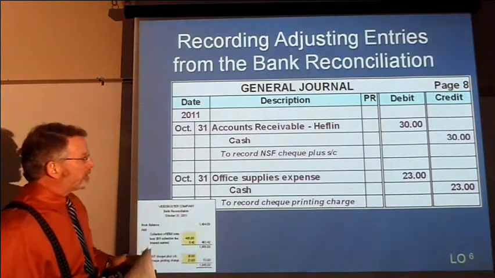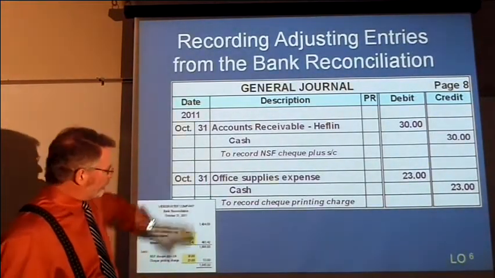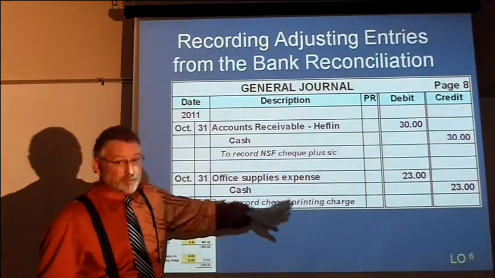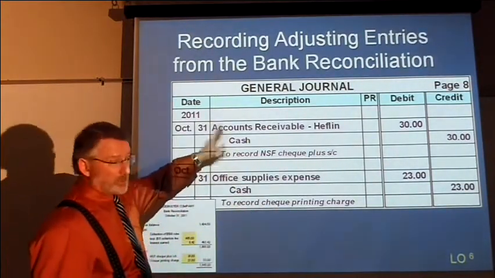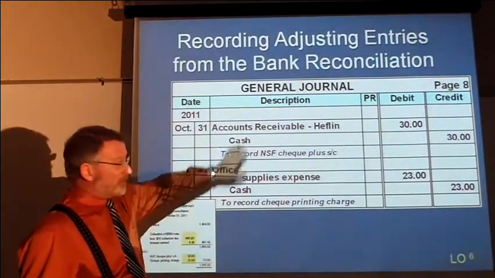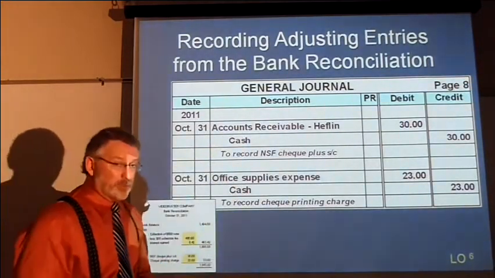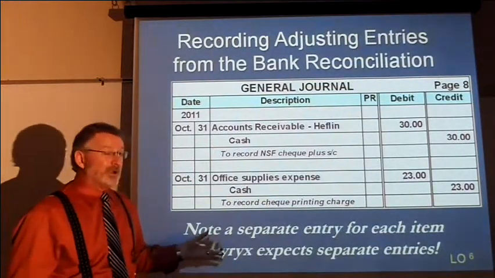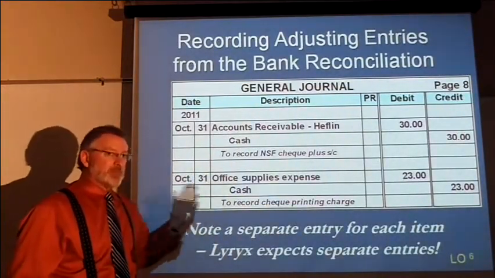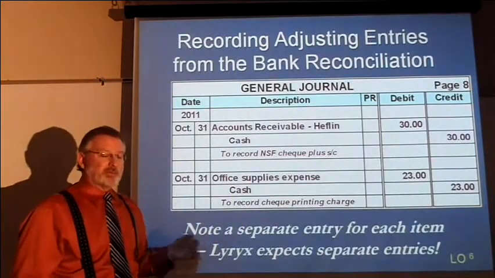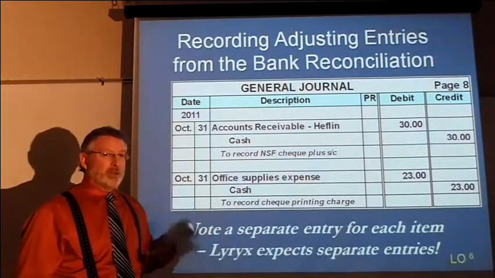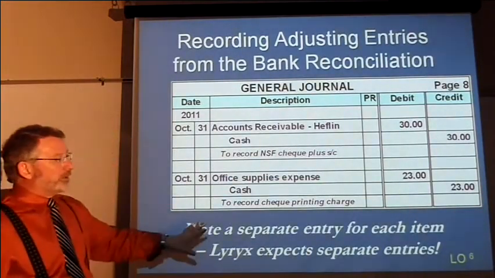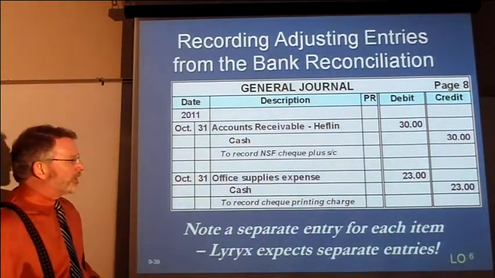Now I want to point out that even though this was $53, we could just as easily have said cash being reduced by $53, and then $30 of that was this accounts receivable and $23 was the expense. In Lyrics, I'm showing it this way because they expect each one of those things to be a separate entry. If you try to group them all together, it'll tell you you're wrong, and you'll lose marks and you'll be frustrated, so I'll just save you that frustration. So Lyrics wants them one at a time, so we'll put them in one at a time.